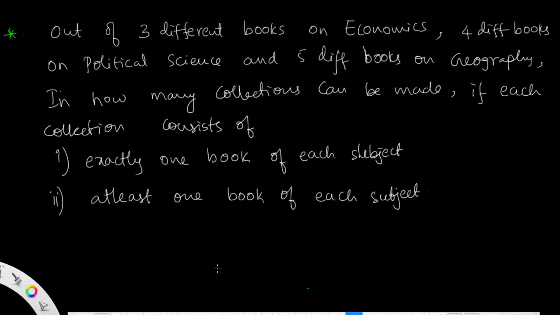So a very basic one. Exactly one book of each subject means how many ways can we do? Out of three books on economics, we are selecting only one book. This can be done in how many ways? Out of three different economics books, we can select exactly one book.